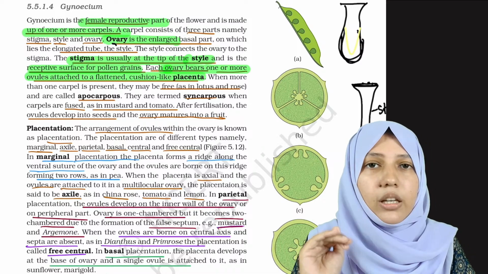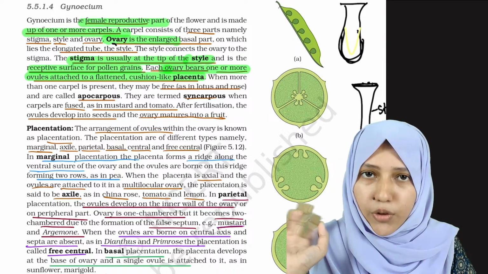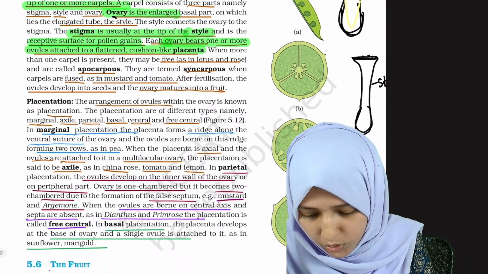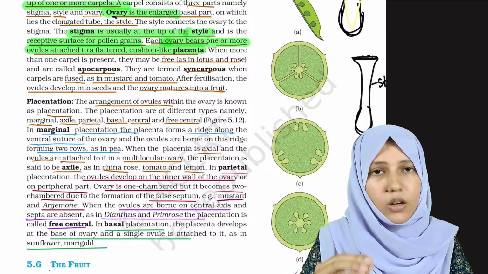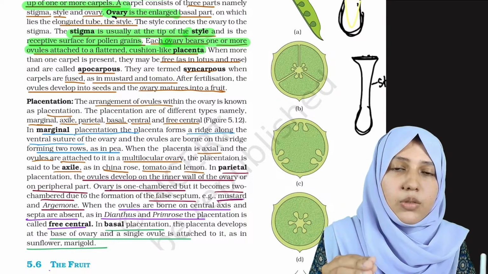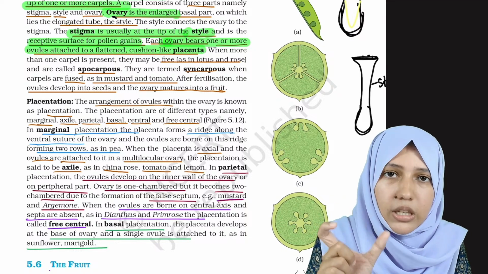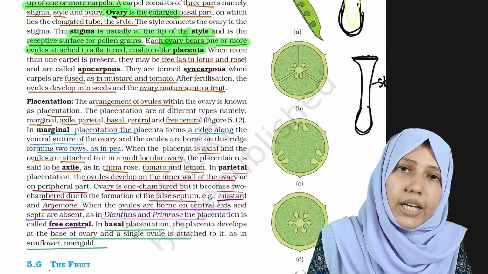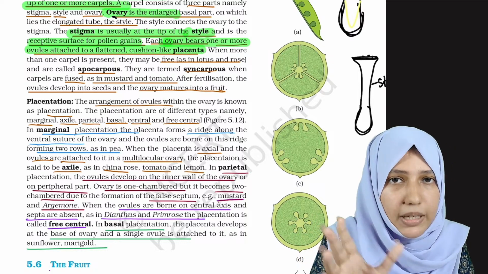Each of the ovules is attached to a cushion-like surface known as placenta. The ovules are arranged on the placenta.